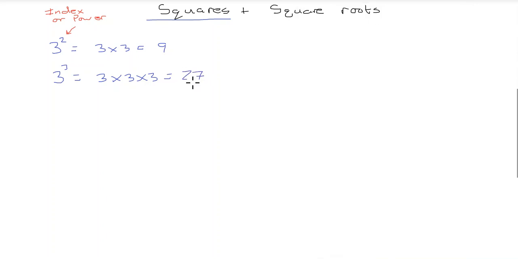That's 27. So this is 3 cubed, and this one here is 3 squared.